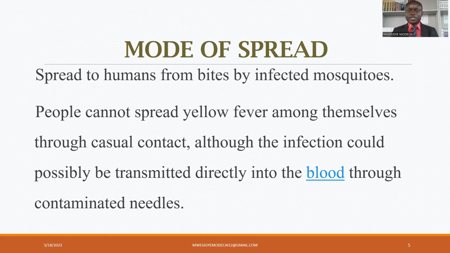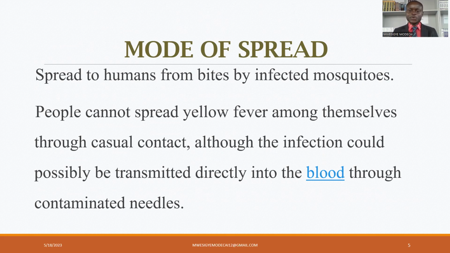And this time we are looking at the mode of spread. The spread to humans is through the bites of the mosquito. People themselves, through their usual contact, cannot spread yellow fever.